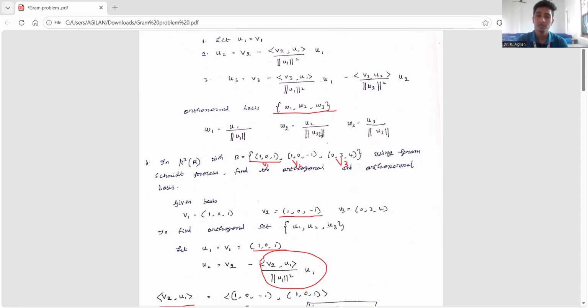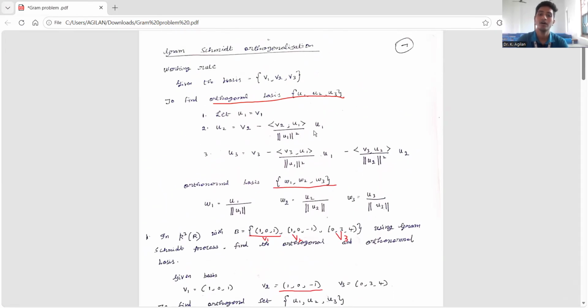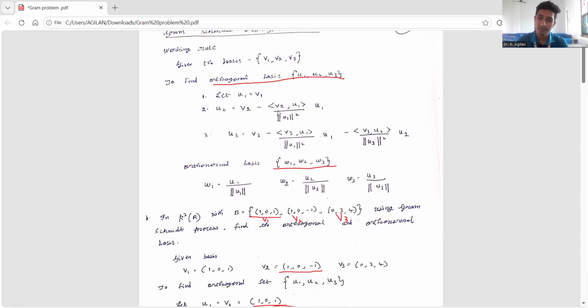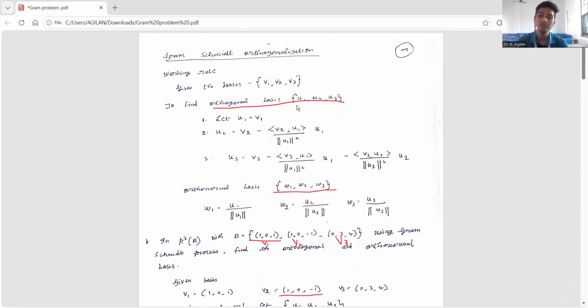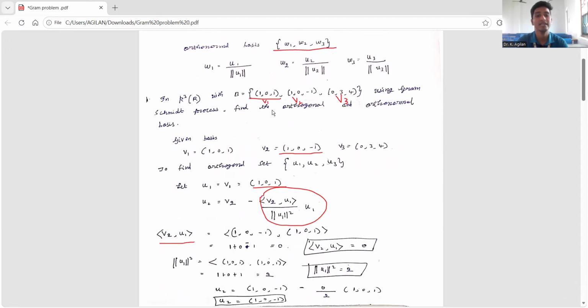Okay, and we also know how to find the inner product of two terms like V2 comma U1, right? Substitute the V2 value and the U1 value. What are V1, V2, V3? V1, V2, V3 are nothing but the given vectors. Whatever vectors are given, we can take them as V1, V2 and V3.